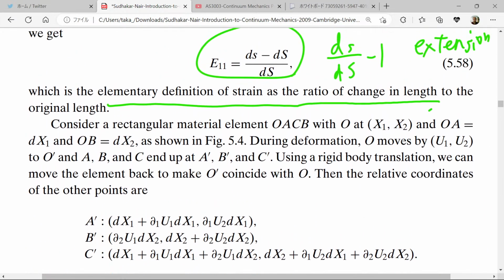Okay. Which is the elementary definition of strain as the ratio of change in length to the original length. I thought this means extension.